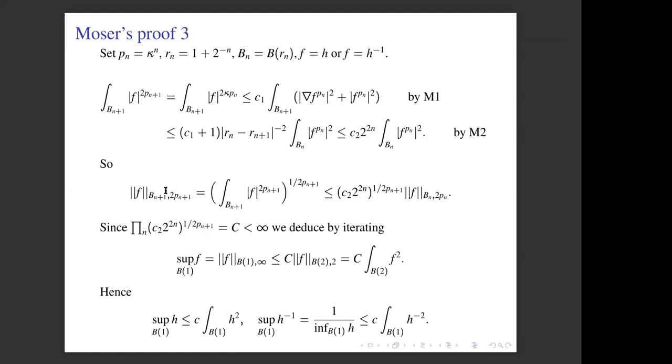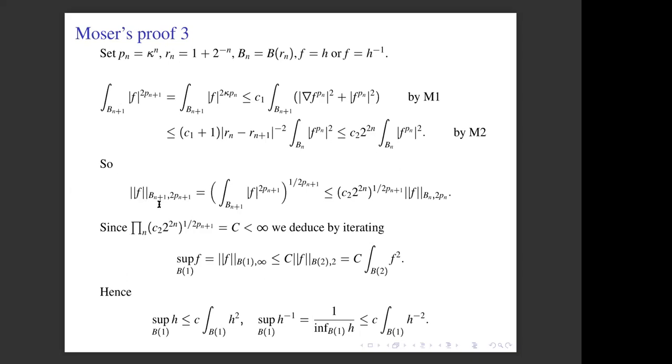But no, if we now look at the L^{2p_{n+1}} norm of the function, then we're taking powers to the 1 over 2p_{n+1}. So you've got 2 to the 2n here times 1 over 2 times kappa to the n, and so this constant is actually very close to 1.